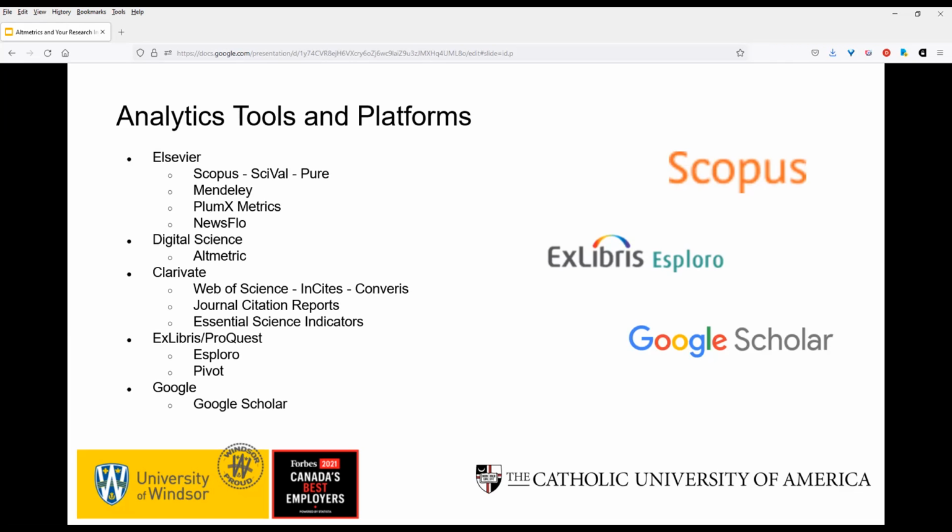And the funding pieces come into one of their products called Pivot, which is a funder current awareness tool.